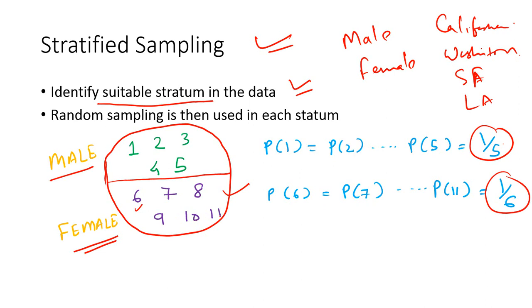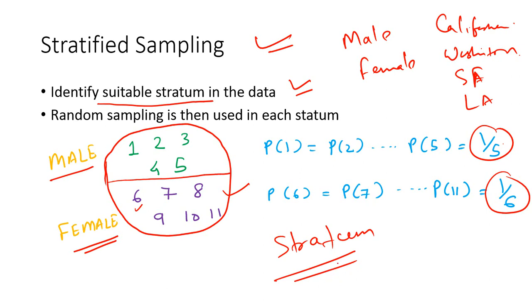Alright, so that is stratified sampling, and this is very popular in predictive modeling, because in predictive modeling you want each of your strata to have equal representation in your study. Okay, and that's very important. Sometimes you want data from each gender.